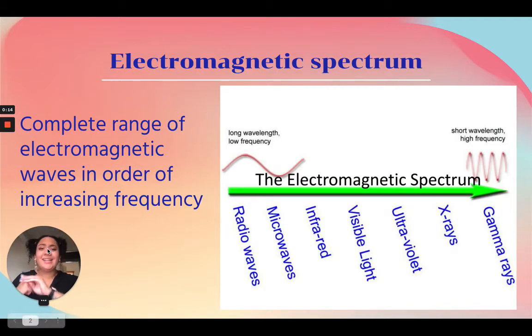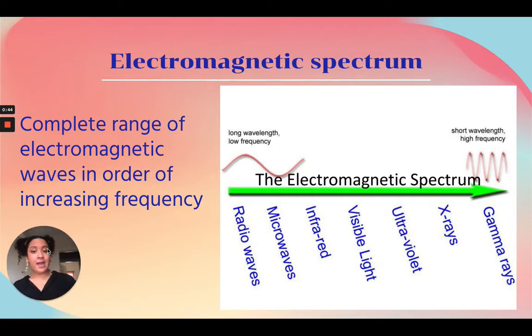Okay, so what exactly is the electromagnetic spectrum? We talked about electromagnetic waves, which can travel through a vacuum, and it's the electric and magnetic fields working together to create that wave. The electromagnetic spectrum is just the range of all of those different types of electromagnetic waves in order of increasing frequency.